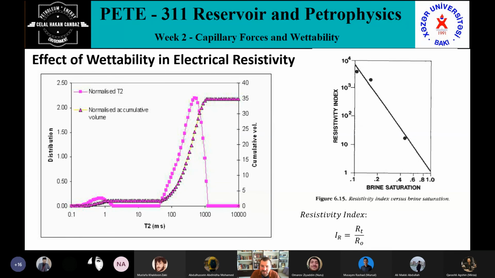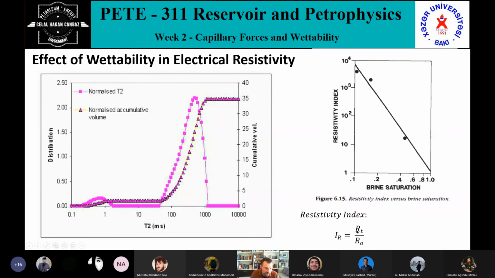Okay, so the resistivity index, also called IR, is the ratio of RT to RO. What is RT? RT is the true resistivity of the formation containing hydrocarbon. And RO is the resistivity of the formation when 100% saturated with water.